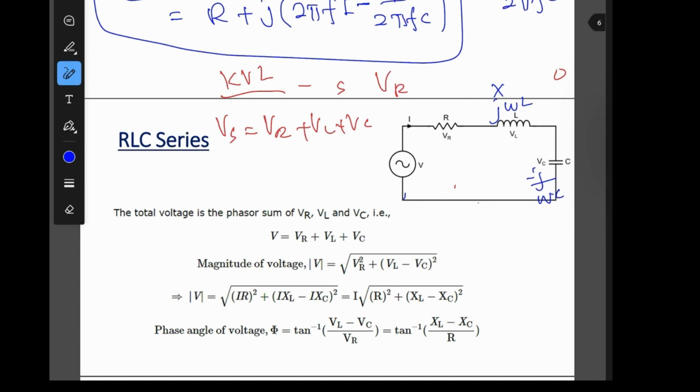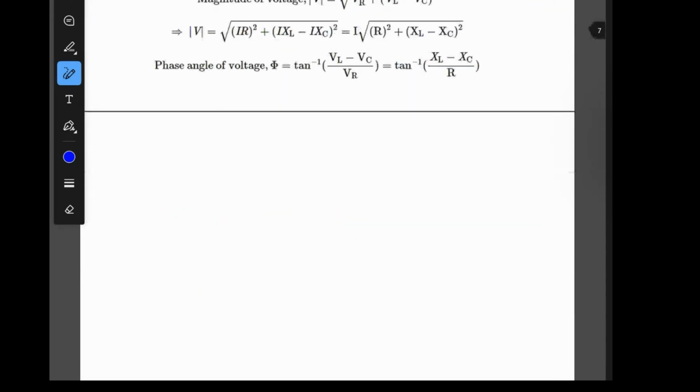What is j? What is j and what is minus j? We know that real exists, imaginary exists. This one is real, this one is imaginary. J exists.